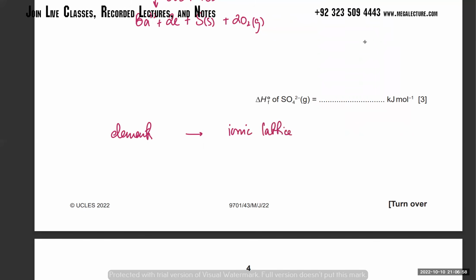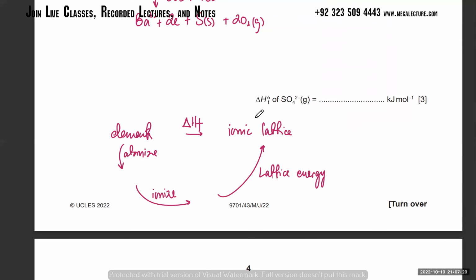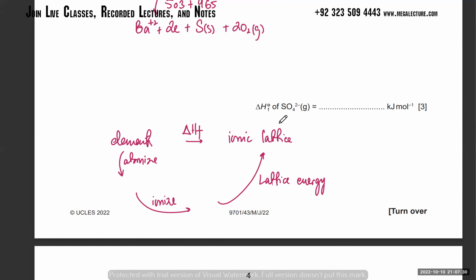What happens is you atomize the elements, then you ionize them, and when they become ions, you form the lattice. That's your lattice energy, and this thing over here is your delta HF. That is the sketch of every Born-Haber cycle: elements turning into an ionic lattice.